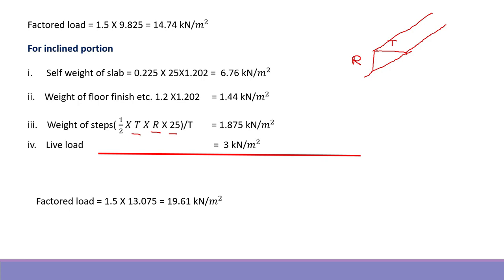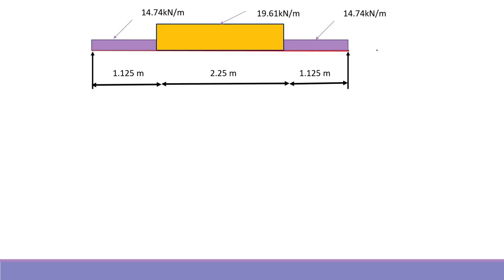And now the live load will be 3 kilonewton per meter square. Mind it, this load should not be multiplied with the sec theta. And this is coming as 13.075, and after multiplying the factor, the factored load is coming as 19.61 kilonewton per meter square.